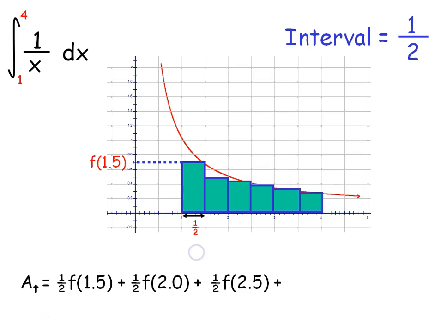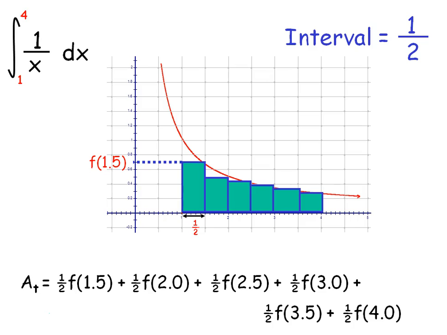The next rectangle will be base times height, 1/2 times the function at 2.5. Once again, we're just adding 0.5 each time. The next rectangle will be 1/2 times the function at 3.0, and then 1/2 times the function at 3.5, and then 1/2 times the function at 4.0.